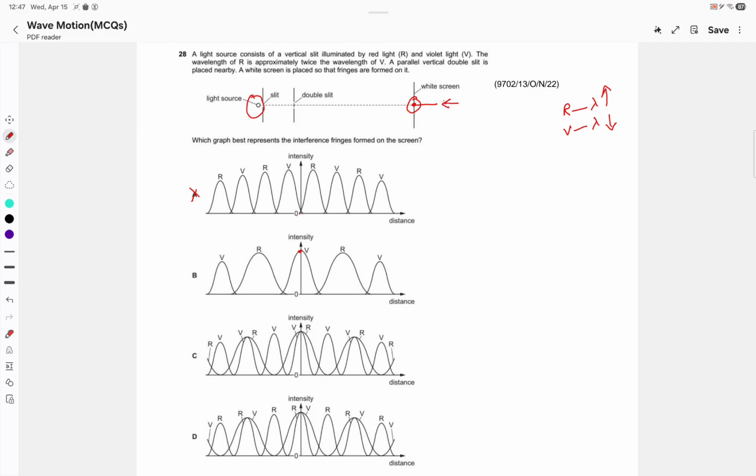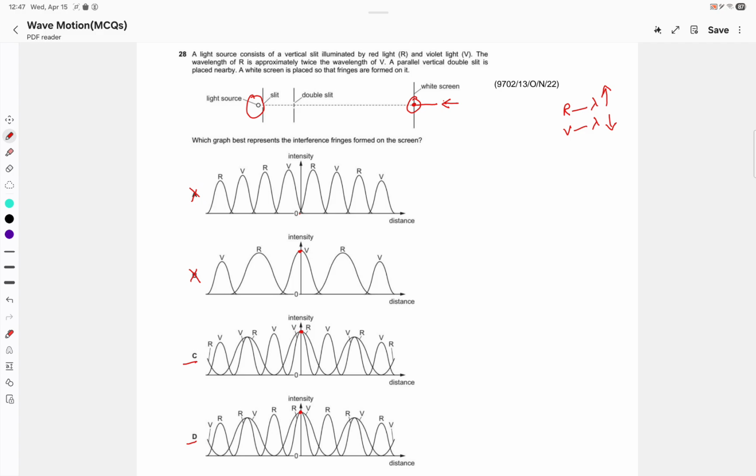Remember that. Here only violet light is shown, so this option is incorrect. So it could be C or D. Now you have to decide between C and D, because violet and red are both making a collective intensity value. It means it's the brightest point.